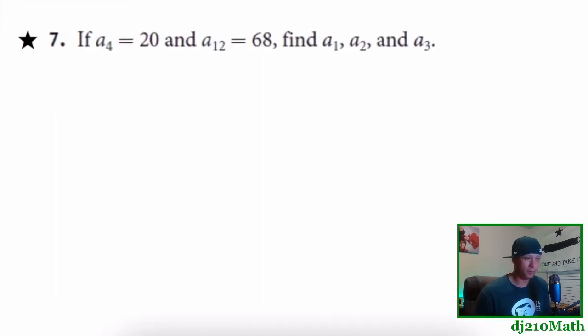If a sub 4 is 20 and a sub 12 is 68, find a sub 1, a sub 2, a sub 3. All right, so what do we know?